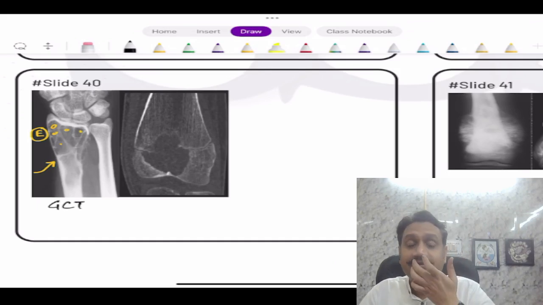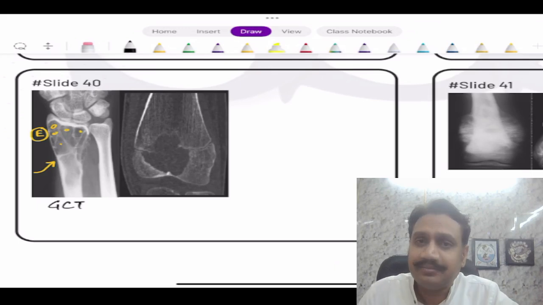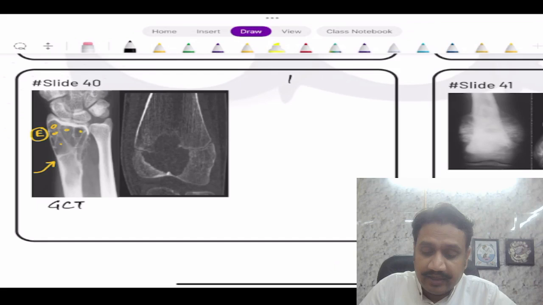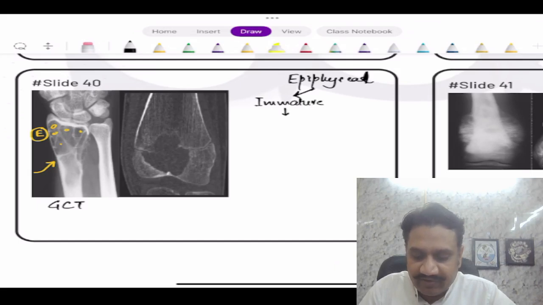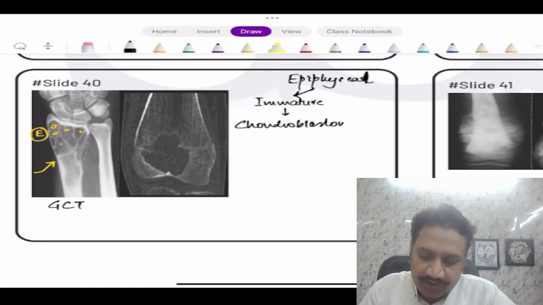Now, the second most important part, very uncommon thing to be asked, but if they ever ask you: if there is an epiphyseal lesion given to you, and the child has an immature skeleton, then the answer goes more in favor of chondroblastoma.